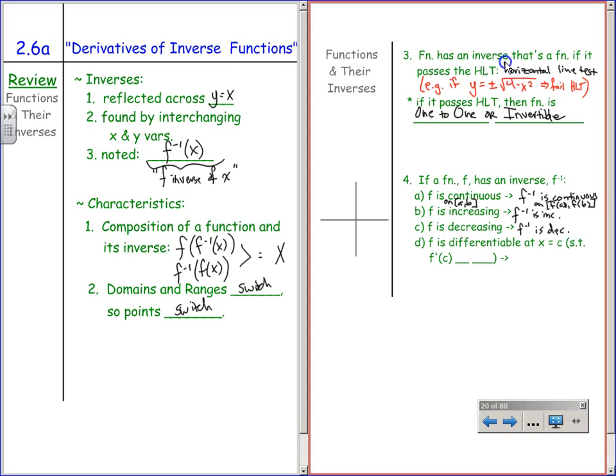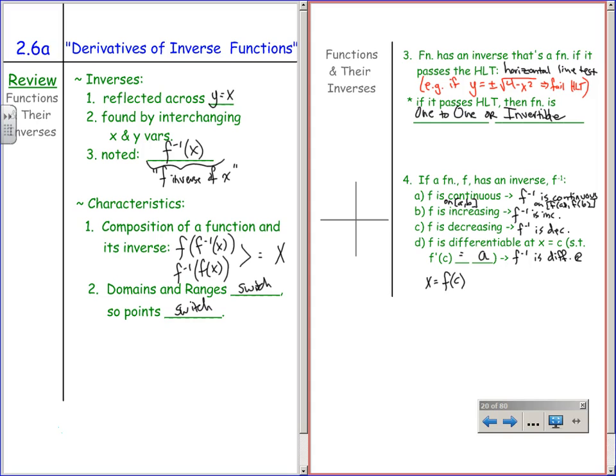If differentiable, if f is differentiable at x equals c, such that f prime of c equals a, differentiable means the derivative is this. Then f inverse is differentiable at x equals f of c.